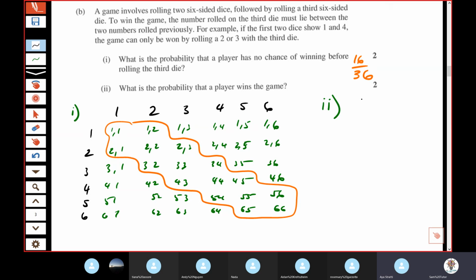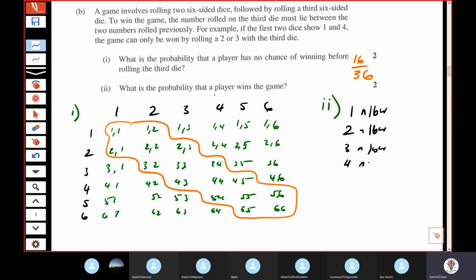Once you're in round 3, now to win my game, I need to look at all the ones that have one number between, two numbers between, three numbers between, and so on. We're going to have four numbers between: 2, 3, 4, 5.